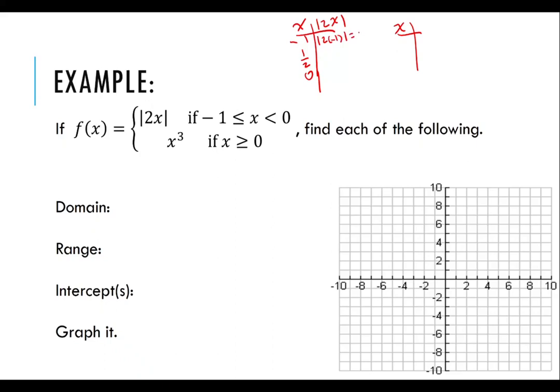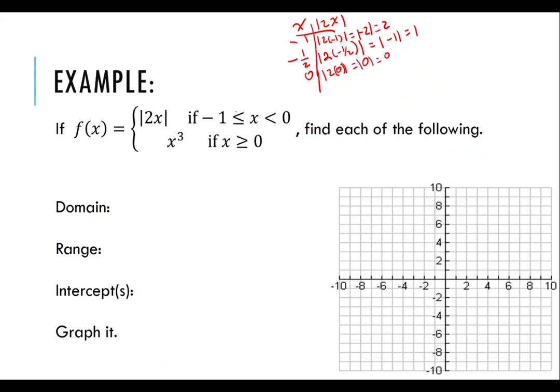That's really negative 2 in absolute value, which is really positive 2. Then let's plug in negative 1/2. The absolute value of 2 times negative 1/2 gives us the absolute value of negative 1, but the absolute value of negative 1 is just positive 1. Then we plug in 0. 2 times 0, absolute value is 0. The absolute value of 0 is, of course, 0.